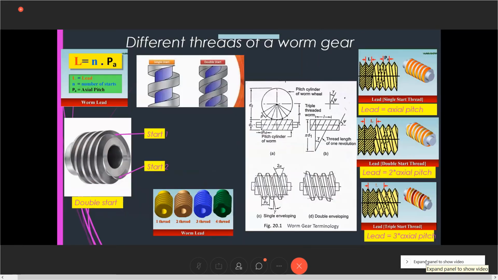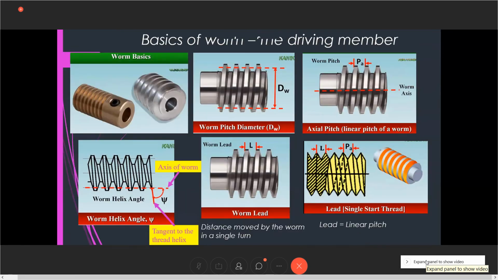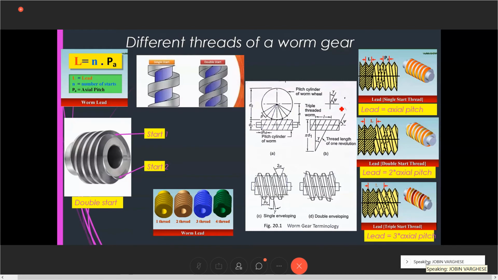You can see this is the lead angle and this is the helix angle. If you add them together, the relation is gamma plus psi, or usually beta is used in the data book. So gamma plus beta equals 90 degrees. We can use that relation if needed. Okay, sir.